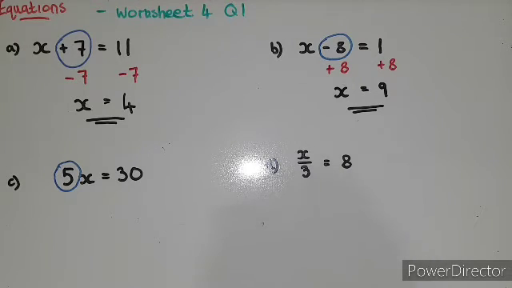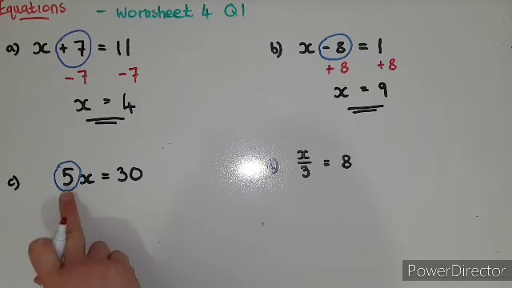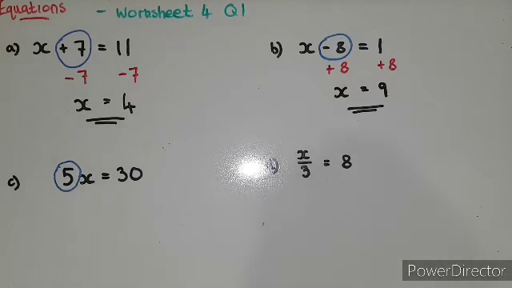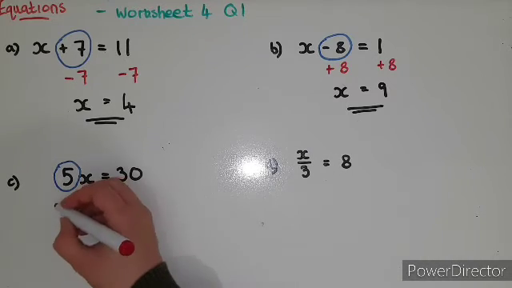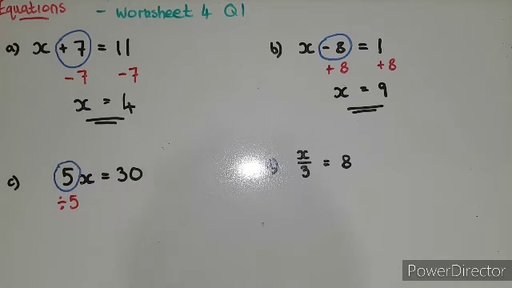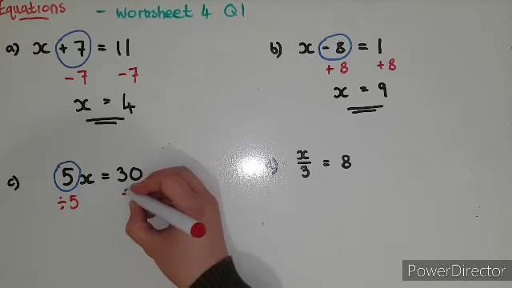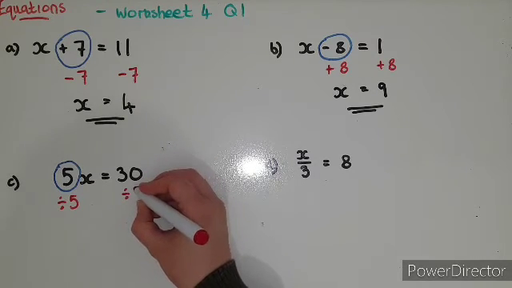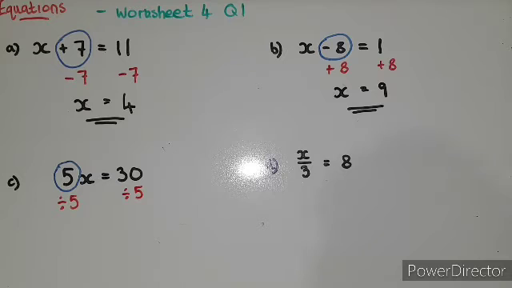Okay, so to undo a multiply by 5, now I know they're multiplying because they're sitting right next to each other. So to undo a multiply by 5, I just divide by 5. But if I do that to the left hand side of the equation, I must do the same to the right hand side. So we divide by 5 on both sides.